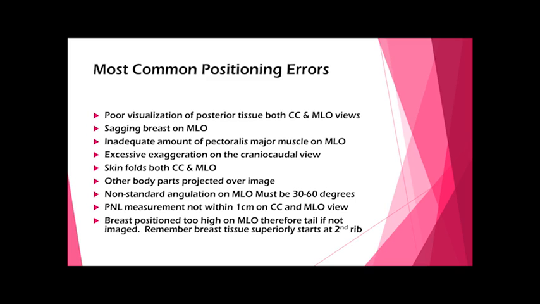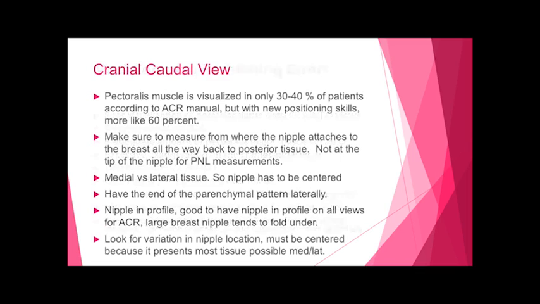I know it sounds crazy that personnel would turn these in for accreditation images, but it's happened. Non-standard angulation on the MLO: it must be between 30 and 60 degrees to call it an MLO view. Posterior nipple line measurement not within 1 centimeter on the CC and MLO views. I'm going to teach you how to measure where to start and end on both images. And breast position too high on the MLO.